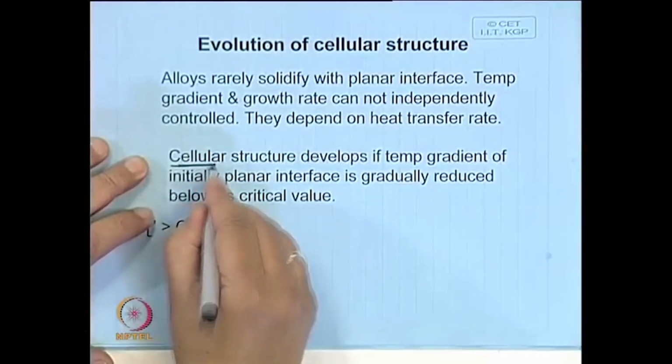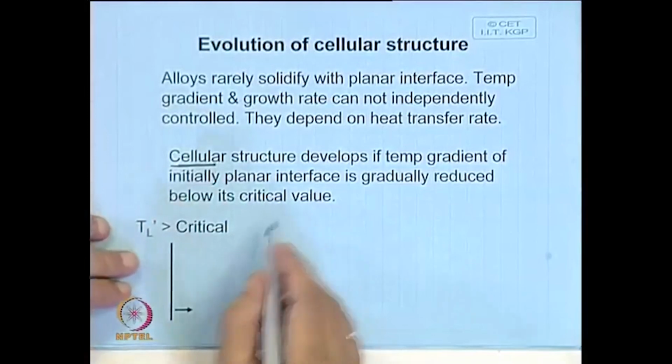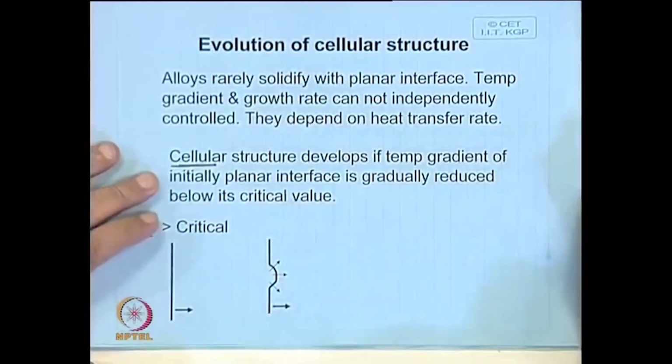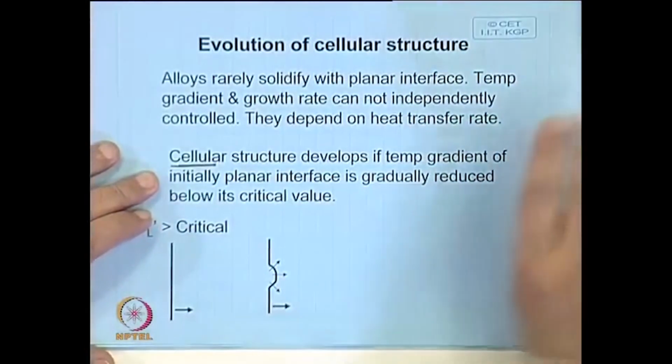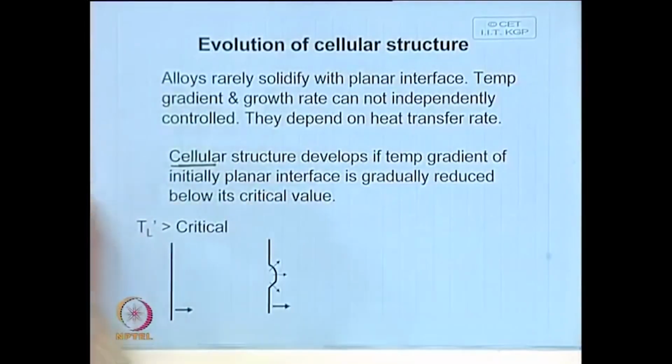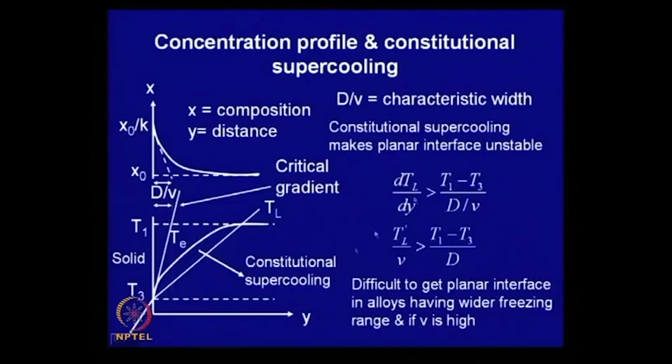Now, we will come to know what is cellular structure. Suppose the temperature gradient initially favors a planar interface, so initially you are able to maintain a very high gradient, and later on it moves to this side, which is possible in reality in alloys.